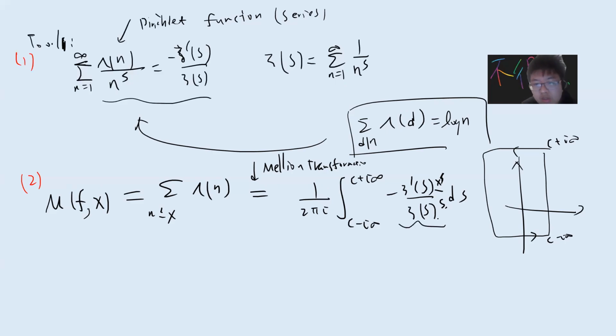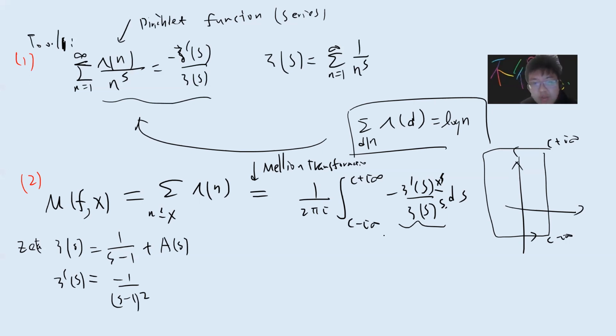Let's quickly do this. If I do the analytic continuation of this zeta function, I get only one simple pole, at s equals 1, so it equals 1 over s minus 1 plus something which is analytic, and you can take the derivative. Once you do the contour integral, what will you get? First, at s equals 0, you get the constant term.